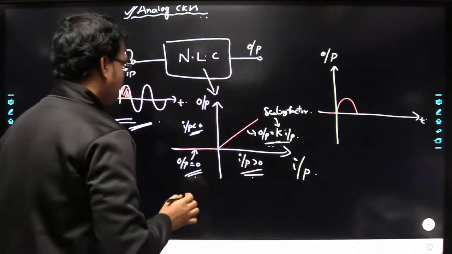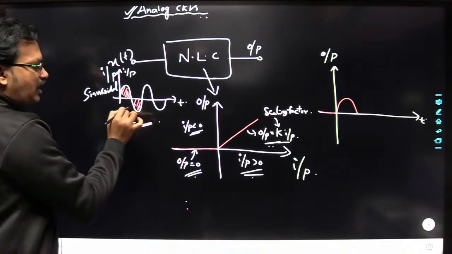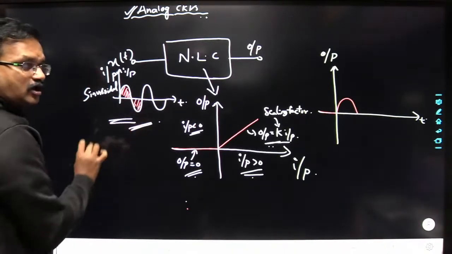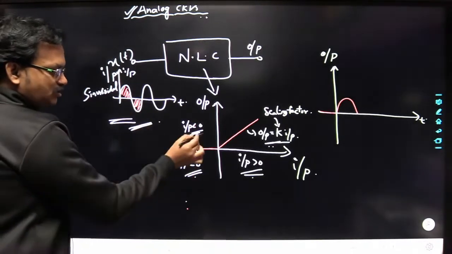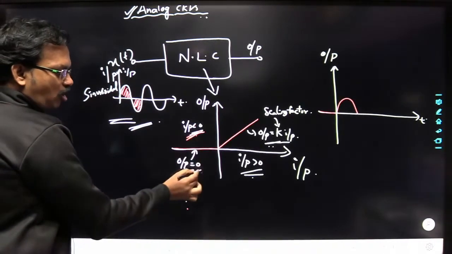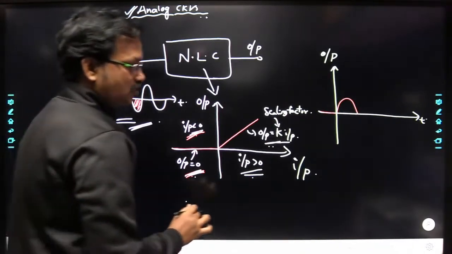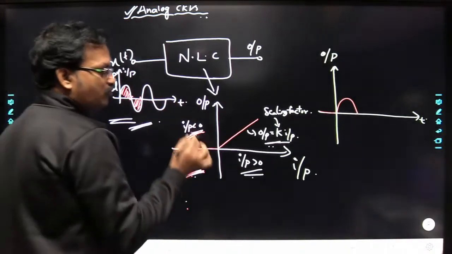Next, whenever you have the negative half cycle at the input, what is the output? Input is less than 0, so output is going to 0. During this negative half cycle, from here to here, the output will go to what?